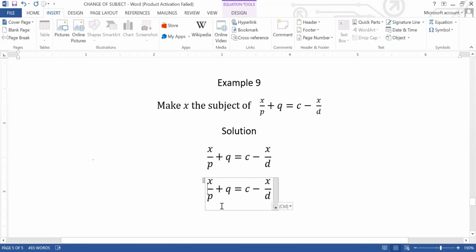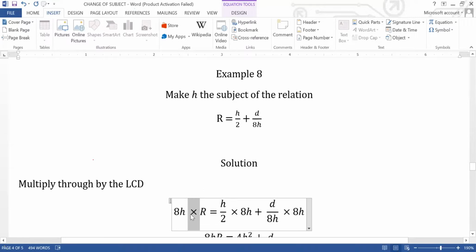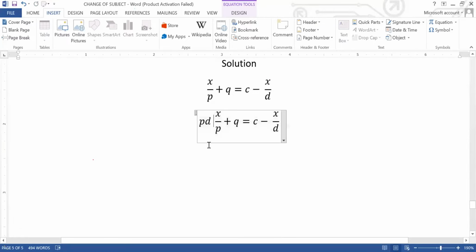So we have PD multiplied by, let me pick a multiplication sign here. Okay, multiplied by that, and the Q too, don't forget, PD will multiply that one as well. Good.